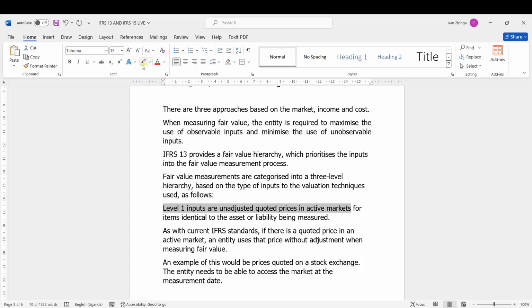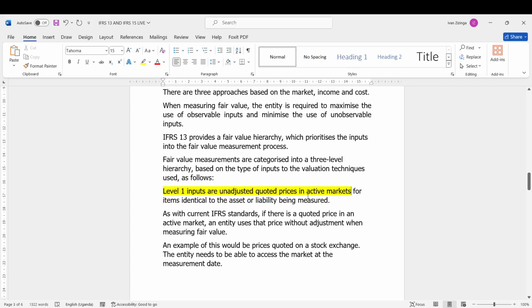An active market is one where transactions of that asset occur frequently and in very huge volumes. Active markets are always for identical assets. If you bought shares in MTN and want to value them, you go to the stock exchange and look for the value of MTN shares. Those are identical.